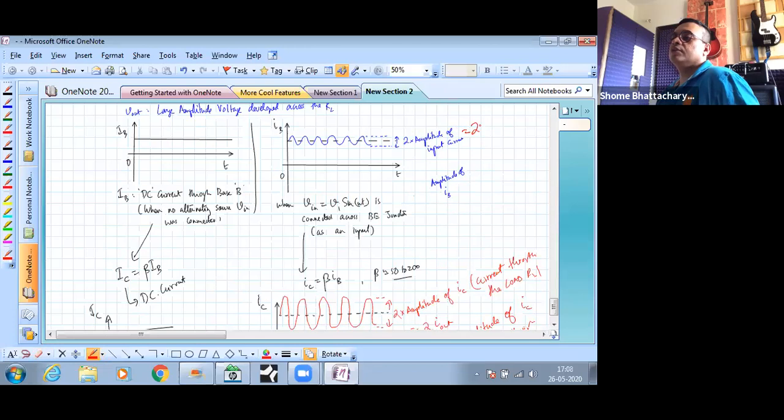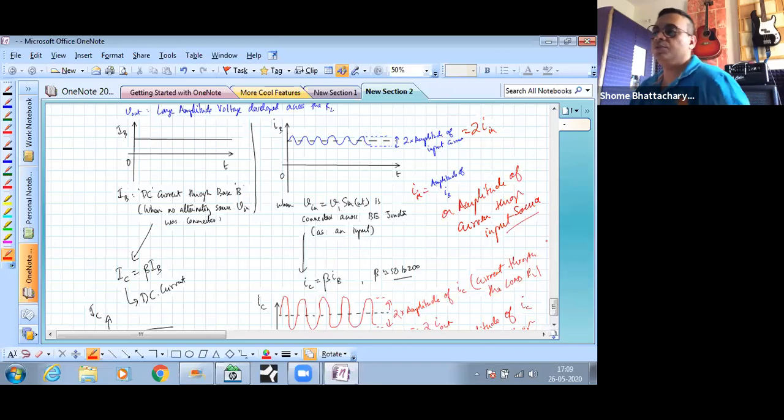This peak to peak is twice of I input, where I input is defined as amplitude of base current, or amplitude of current through the input source. Whatever input source it is, a small signal input source has been connected across the base emitter junction, the amplitude of the current through it is called the input current, I in.